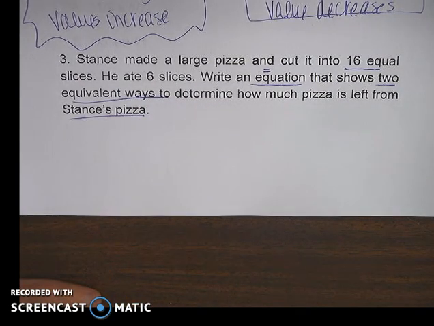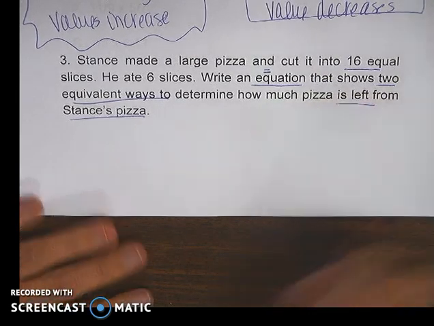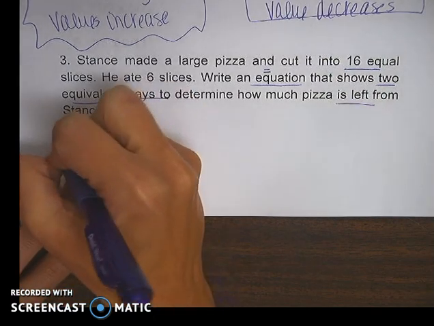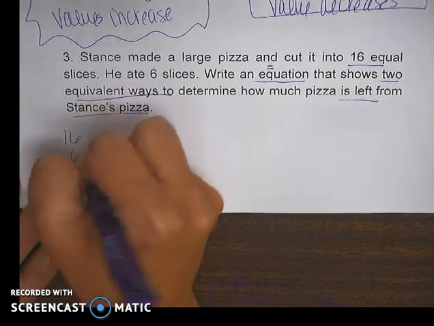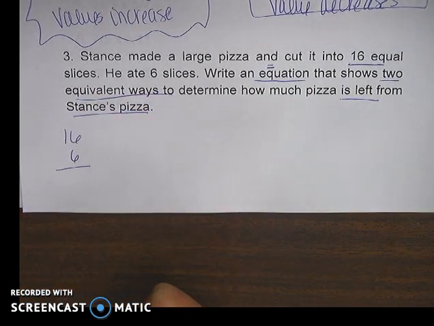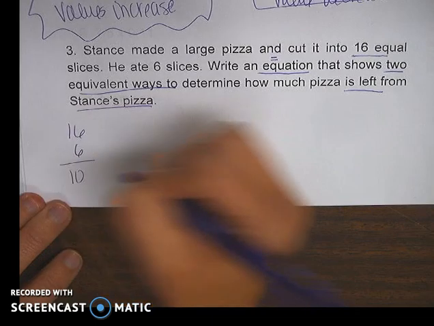Okay, so he had 16 total slices and he ate 6 slices. The question says write an equation to show 2 equivalent ways to determine how much pizza is left. Okay? So if he had 16 slices and he ate 6, how much pizza is left? Well, that's 10 slices.